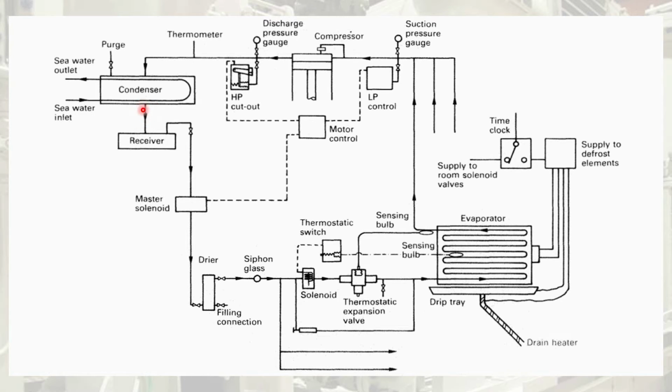This liquid refrigerant is sent to the dryer, where the contaminant particles are filtered out, and the filtered refrigerant flows to the sight glass and then to the evaporator. Now let us look into the components of the condenser, marine refrigeration dryer, and sight glass.